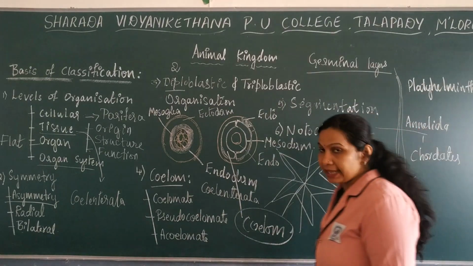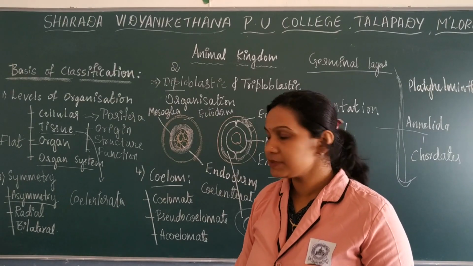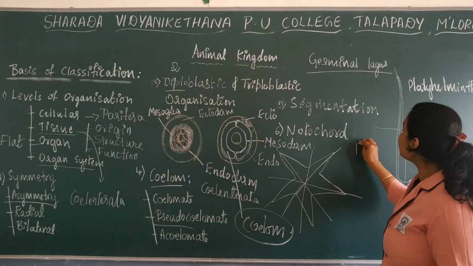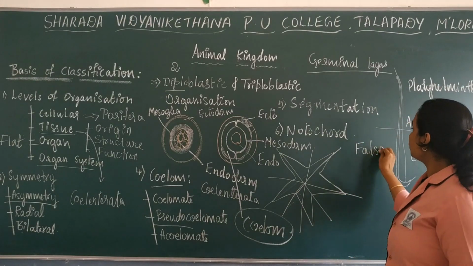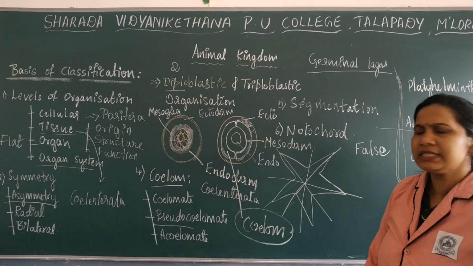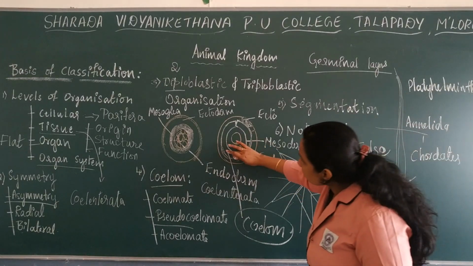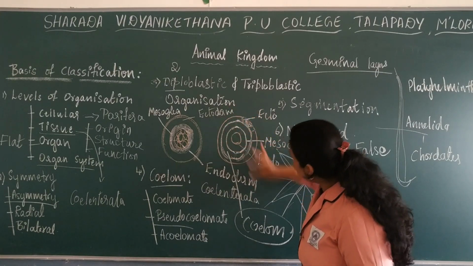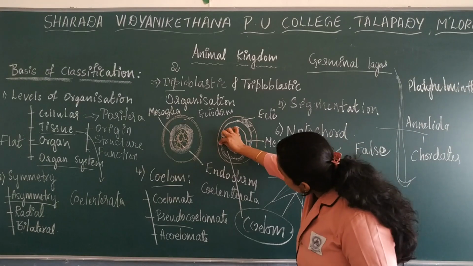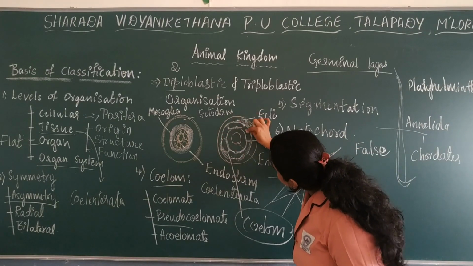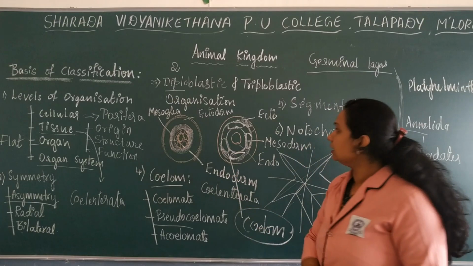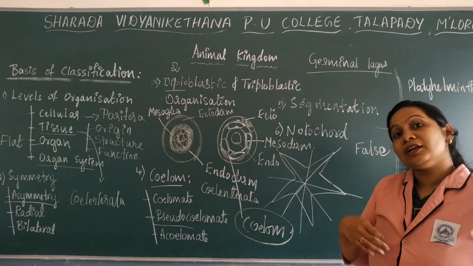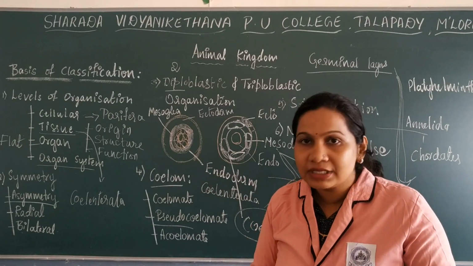In some organisms, there is a presence of pseudocoelom. Pseudo refers to false. What is this false coelom? In the region of this mesoderm, there is a presence of scattered pouch-like structures that look like a coelom, but it is not a coelom.